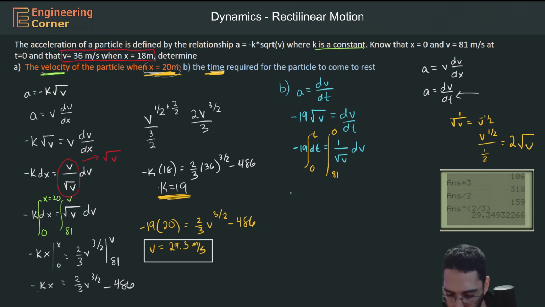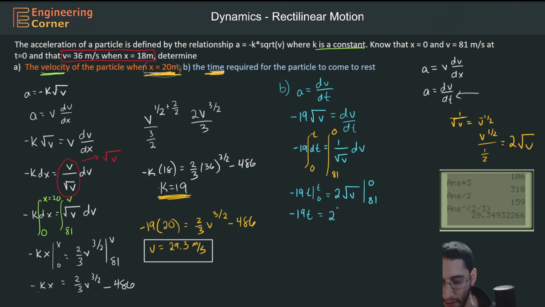So here we will have minus 19t, evaluated from 0 to t, is equal to 2 times the square root of v, evaluated from 0 to 81. Okay, so this is going to be minus 19t is equal to 2. What's the square root of 0?